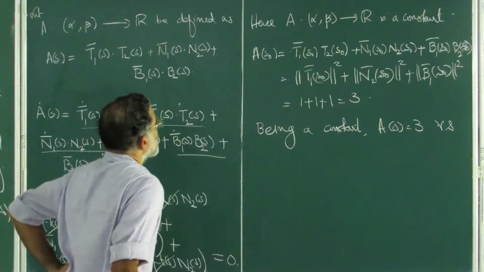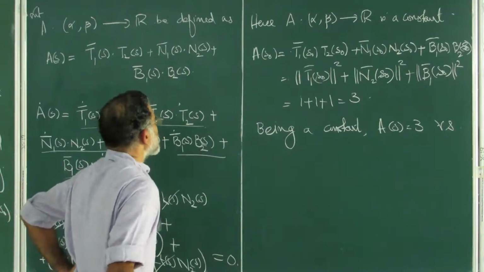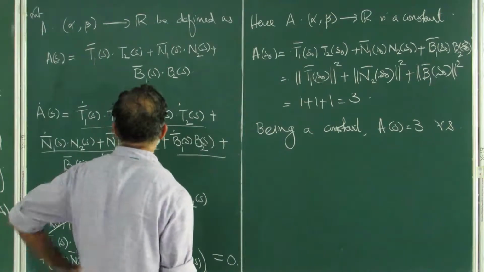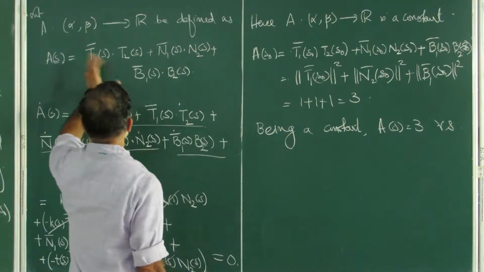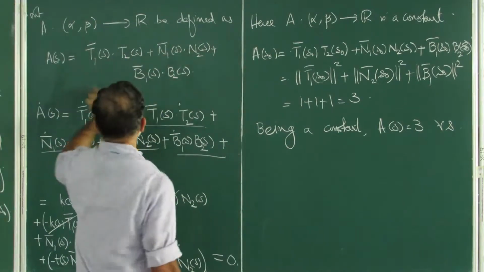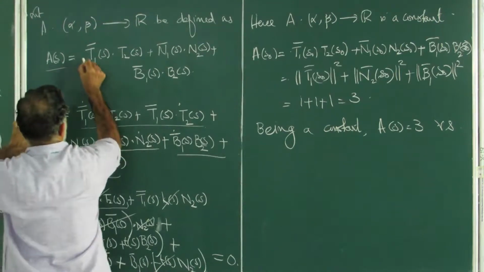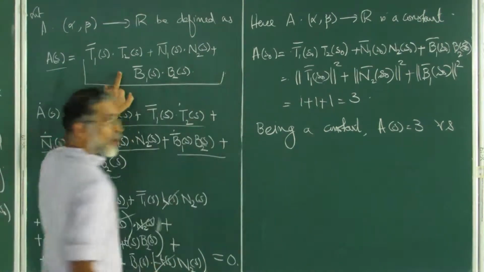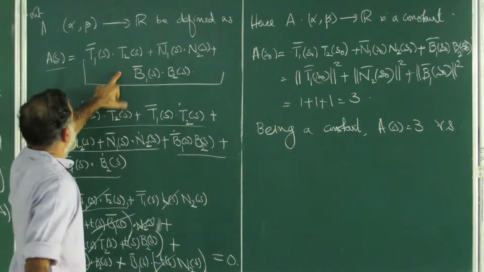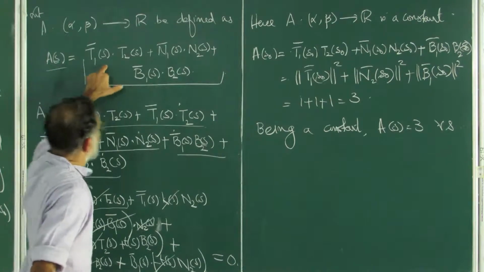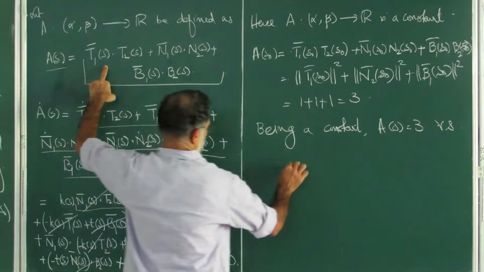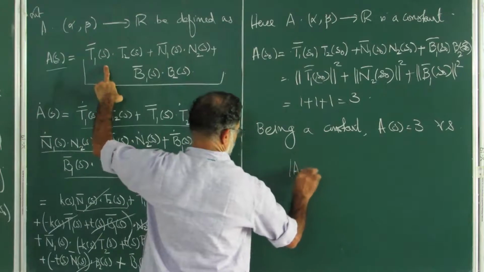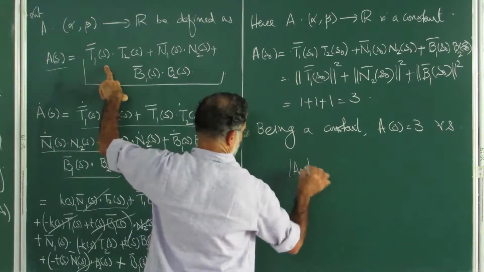Now, the beauty is, let us pull back and use that and come back here. So this is going to be 3. A S is this part. This is going to be 3. But let us look at this. What will happen to the modulus of this? So let's write down modulus of A S. That's probably the better way of writing.